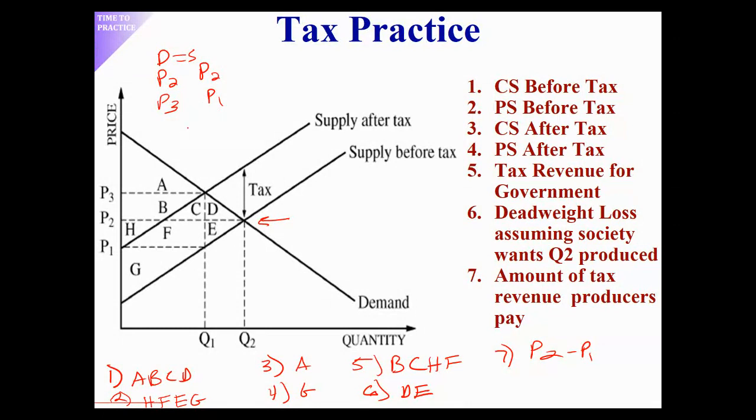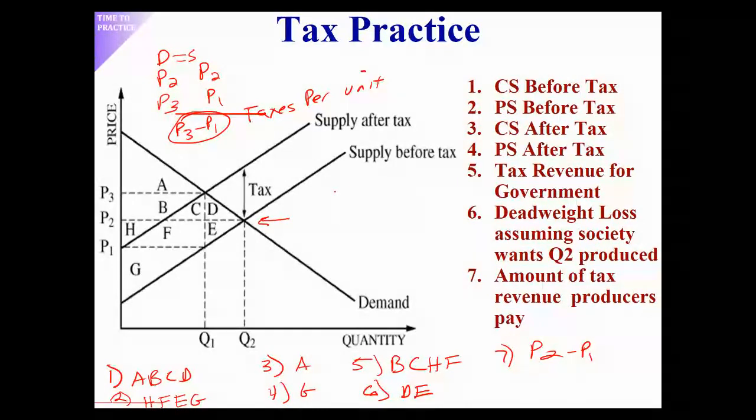That difference, P3 minus P1, is the tax per unit. If we wanted the total taxes, it would be P3 minus P1 times Q1, the total tax revenue.